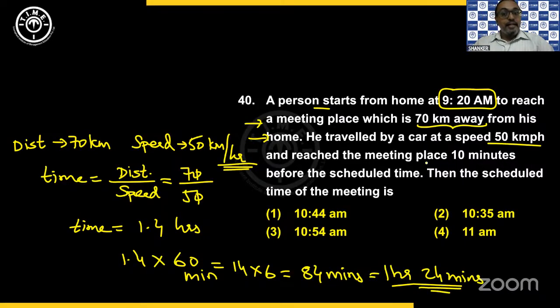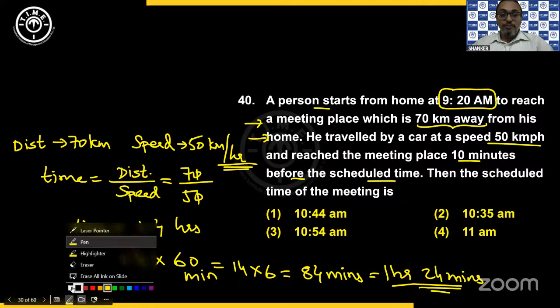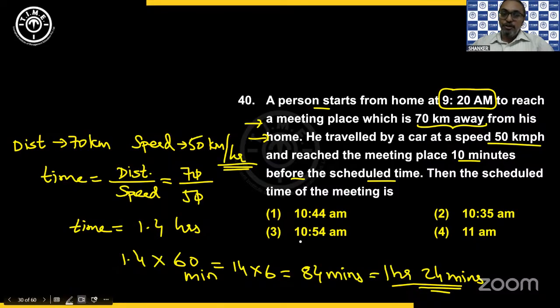So now, and reached the meeting place at 10 minutes before the scheduled time. So 10 minutes before the scheduled time he reached. So he started at 9:20. So when did he reach now? 10:44 he reached. Now, what is the question? The scheduled time of the meeting is. The scheduled time of the meeting, please don't mark it as 10:44.